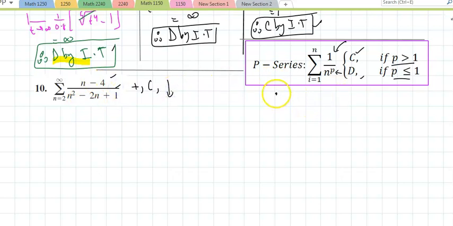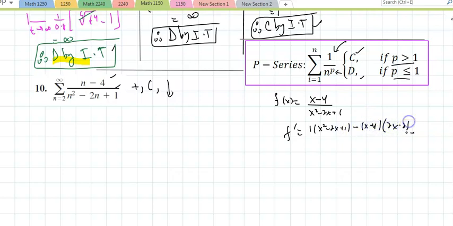So if you take f of x and set it to be x minus 4 over x squared minus 2x plus 1, the derivative will be 1 times x squared minus 2x plus 1 minus x minus 4 times the derivative of the denominator, all over the denominator squared.